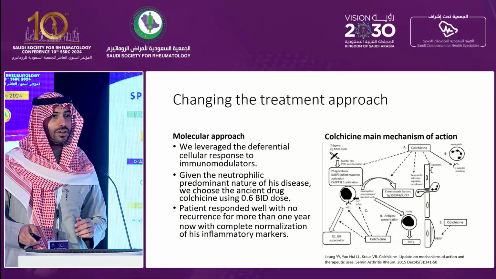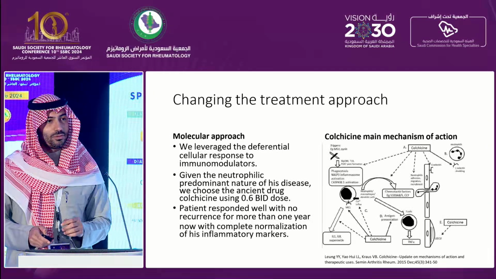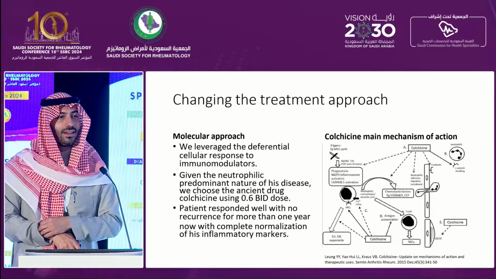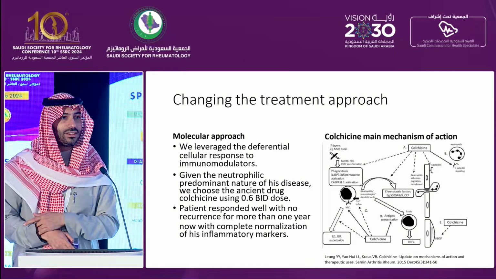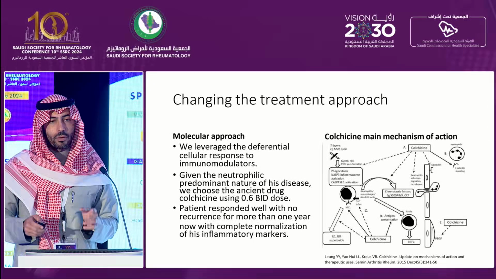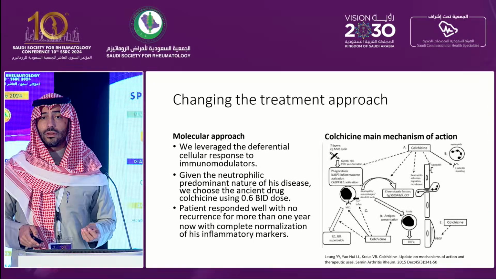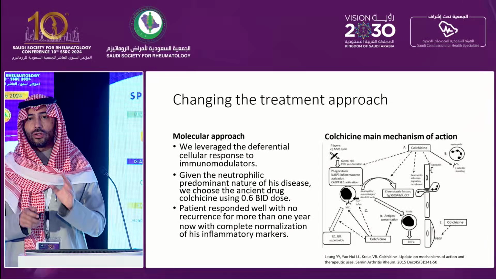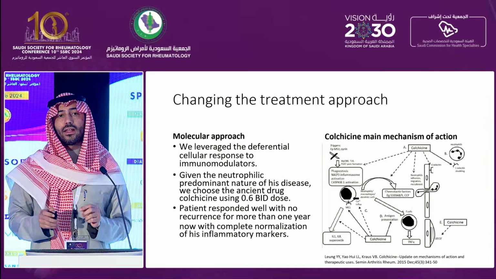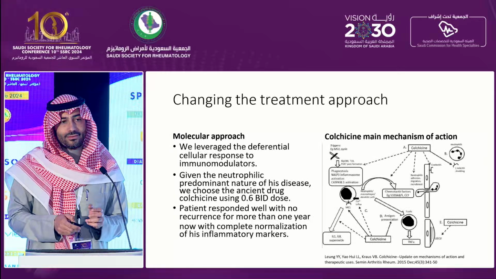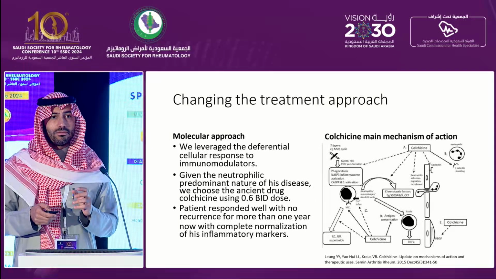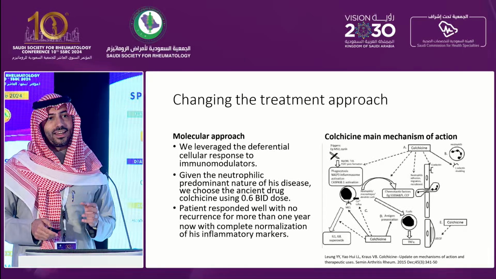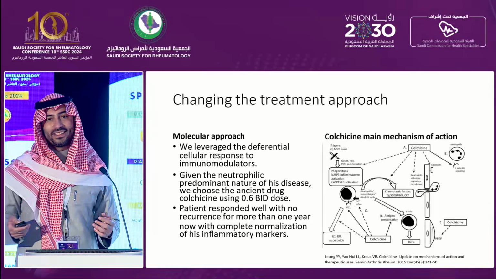So I went to the old books looking into medications, and by the way, there are excellent AI platforms that look into medications now, if you are interested. But the point is that we looked at the medications, and interestingly, colchicine has a wonderful impact on neutrophil trafficking and neutrophil function.